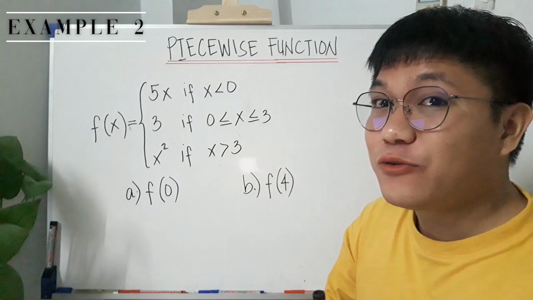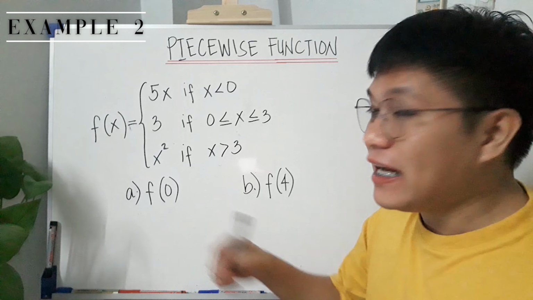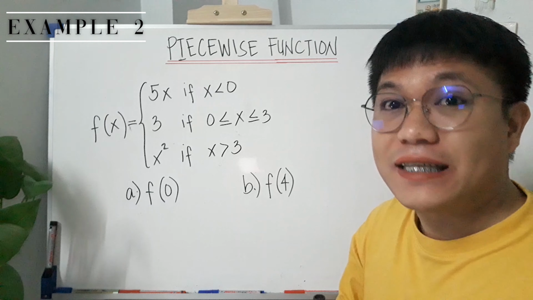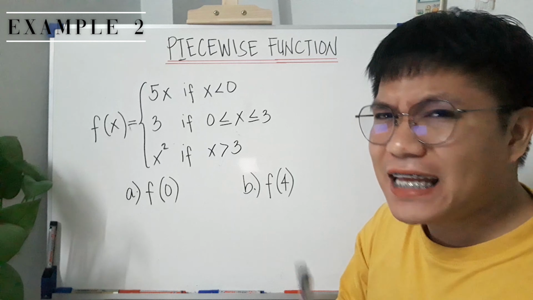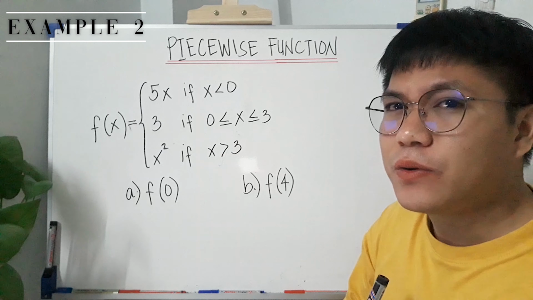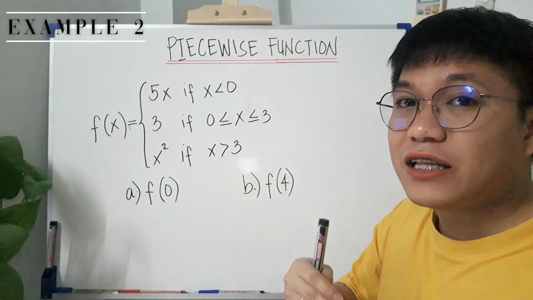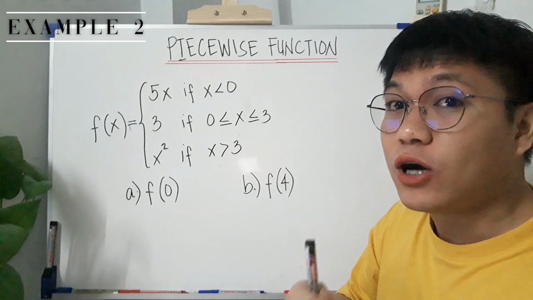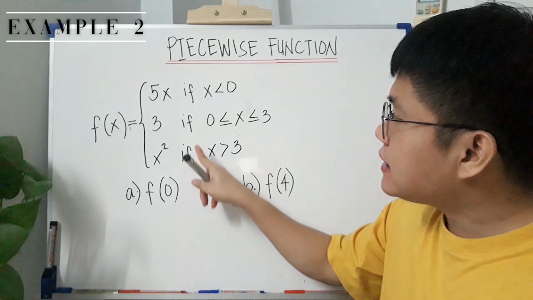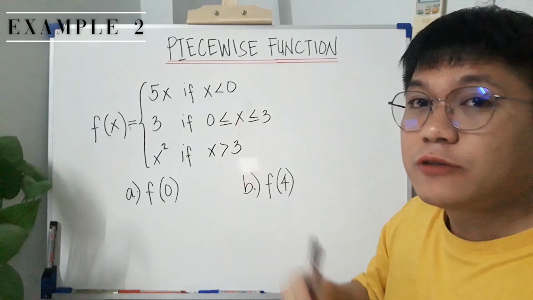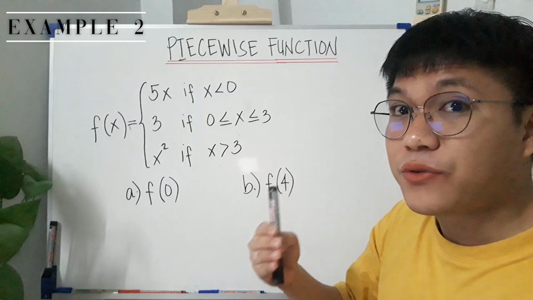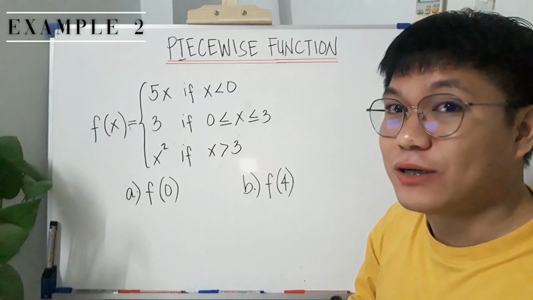Now, let us evaluate the first function, given the value of x, which is equal to 0. So where do you think 0 belongs? Obviously, it doesn't belong to x less than 0 because here, the values of our domain start from negative 1 to negative infinity. So it belongs to our second formula, which is the interval x is less than or equal to 3 and greater than or equal to 0.